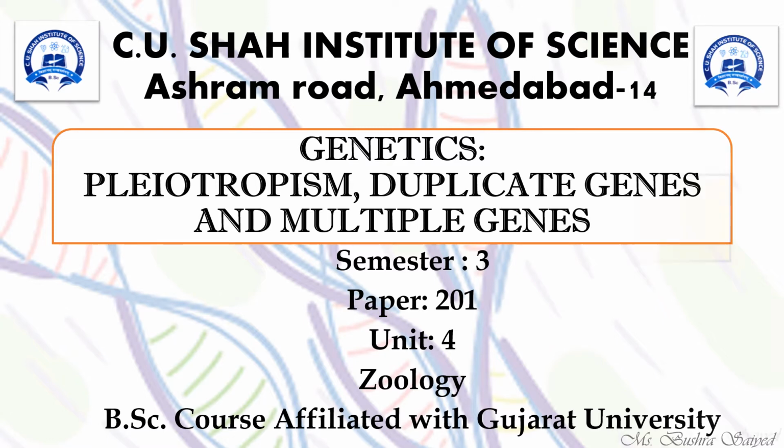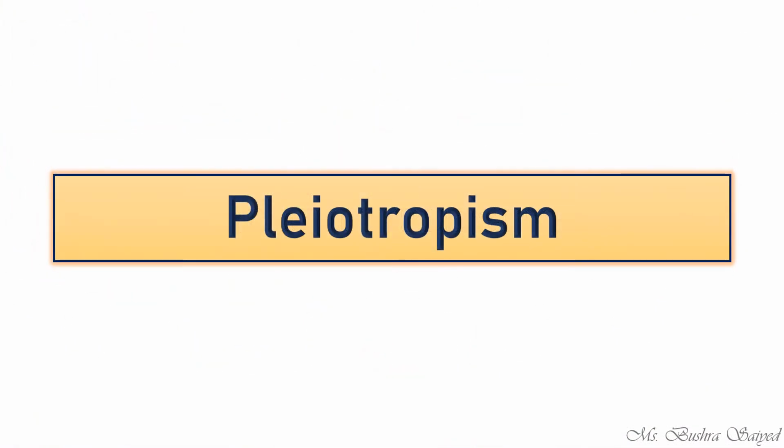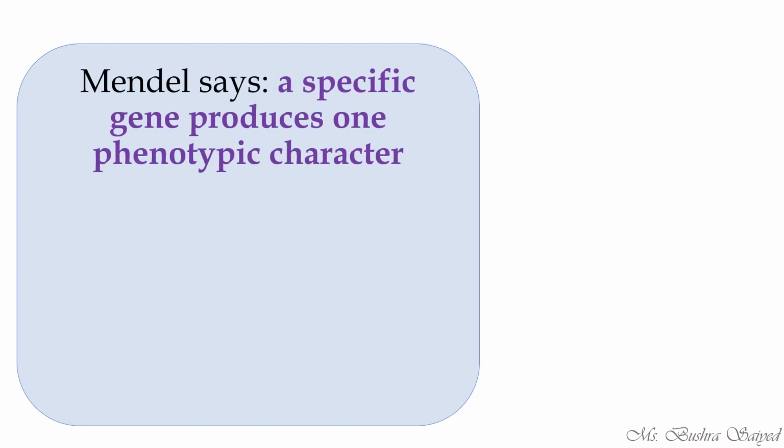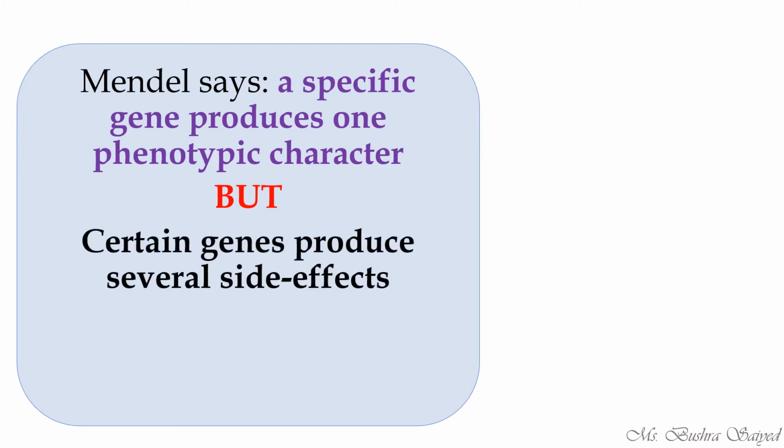So let's begin. Pleiotropism. You all have already studied this, I guess, in 12th standard. We all know that Mendelian genetics says that a specific gene produces one phenotypic character, but there are certain non-Mendelian phenomena which didn't follow Mendelian genetics, one of which is pleiotropism.